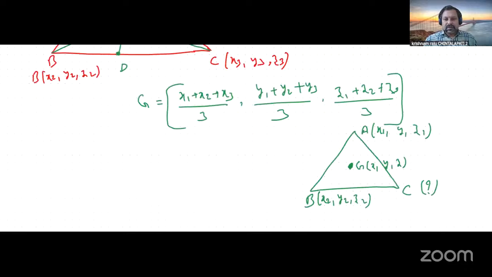Actually, what you are doing here is, you first find the centroid of the given triangle ABC by using this formula.